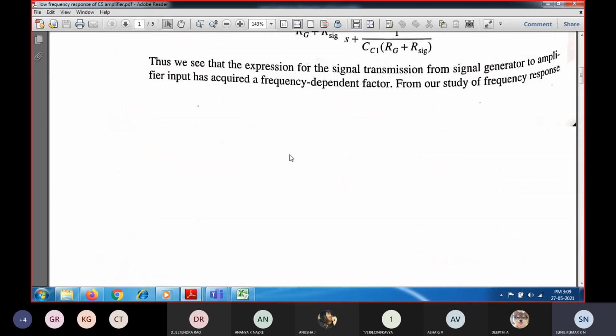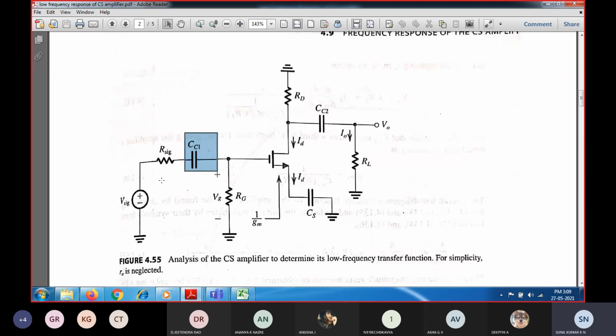First I'm going to consider CC1 as a single time constant network, and because of CS again a single time constant network across the source terminal, and because of coupling capacitor 2 another 3 dB frequency at the output. Because of these three external coupling capacitors, we are going to consider each one at a time, not all at a time.